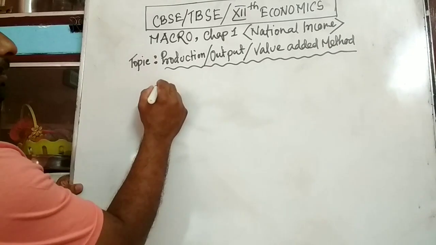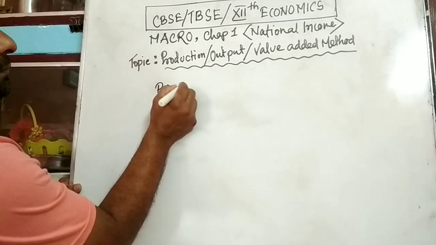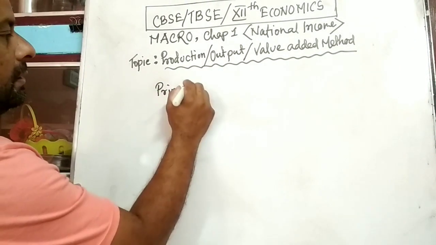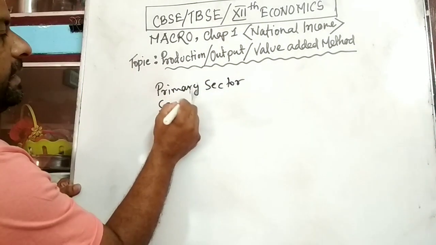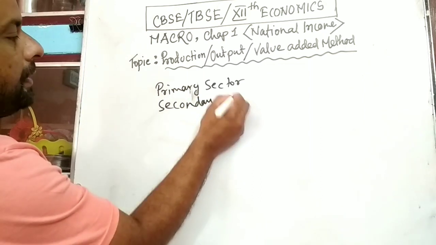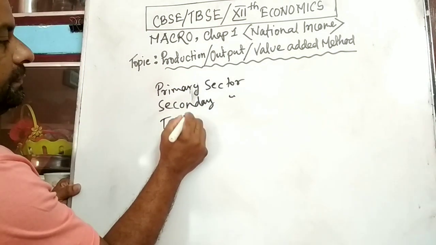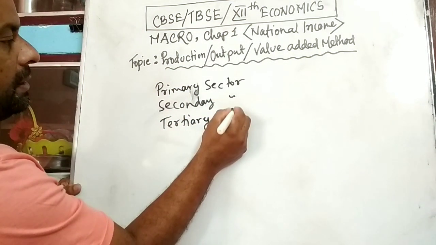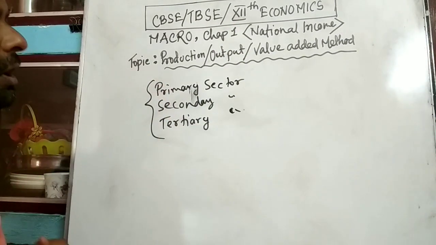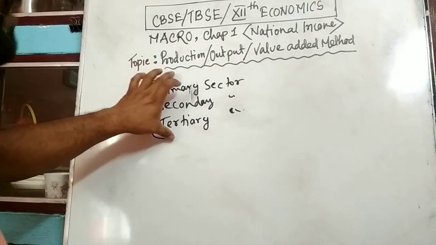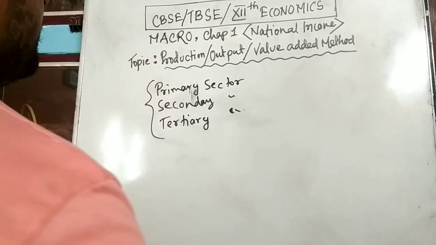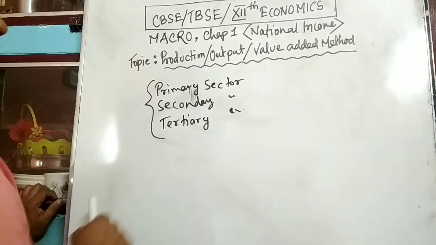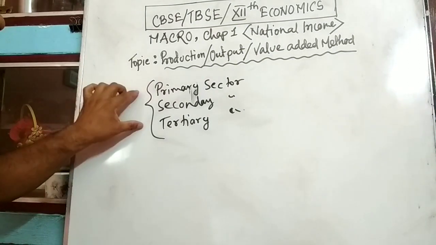Three sectors of the economy: primary sector, secondary sector, and tertiary sector. The total production included in the production method is made by these three sectors only.